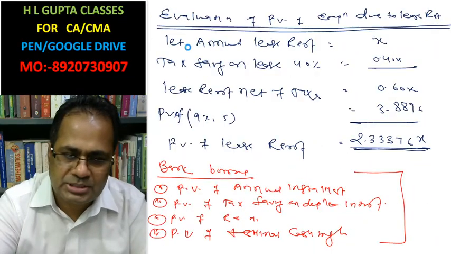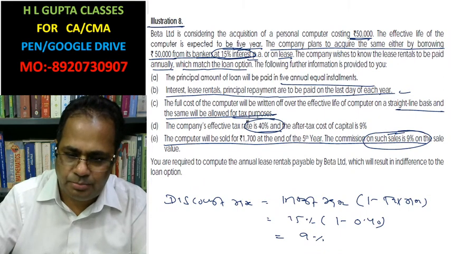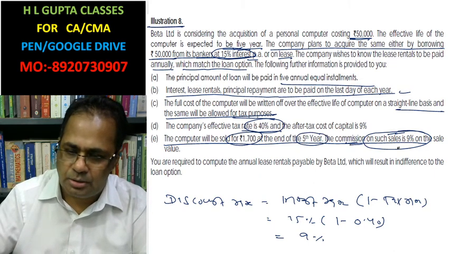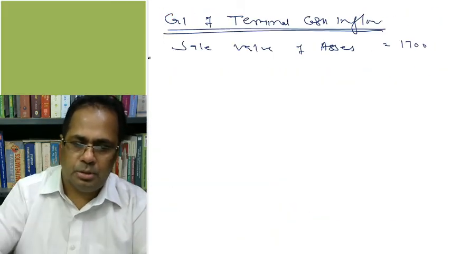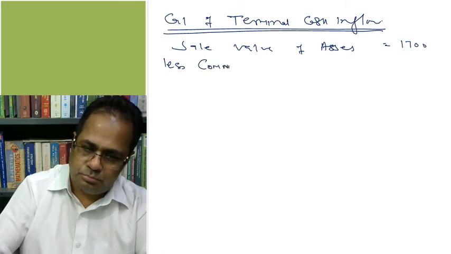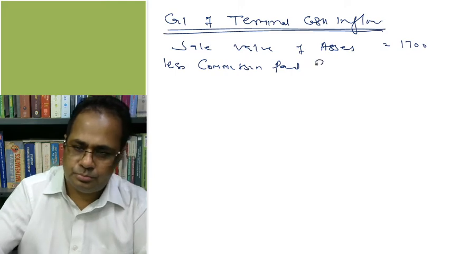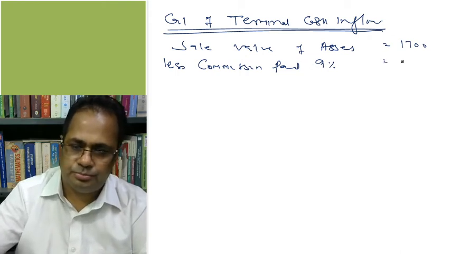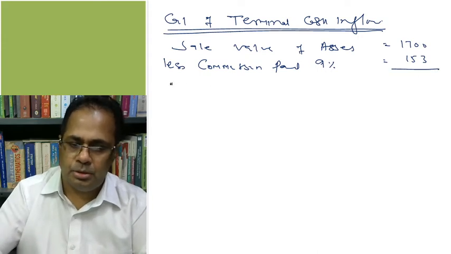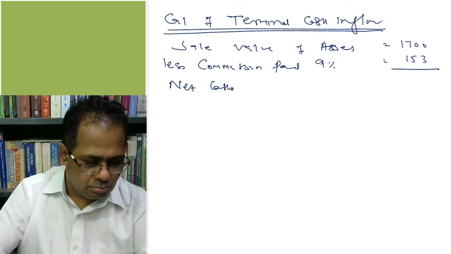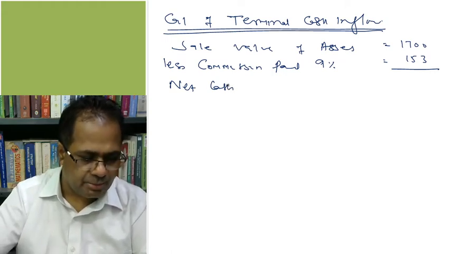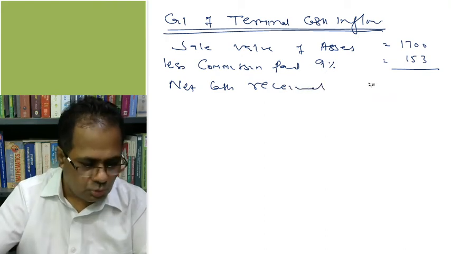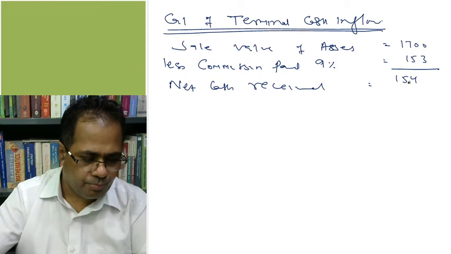In this question, the sale value of assets in the fifth year is 1,700, less commission paid at 9%, which is 153. Net cash received is 1,547.